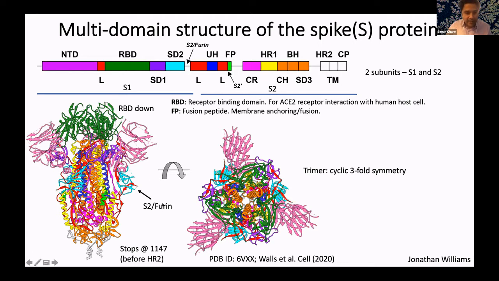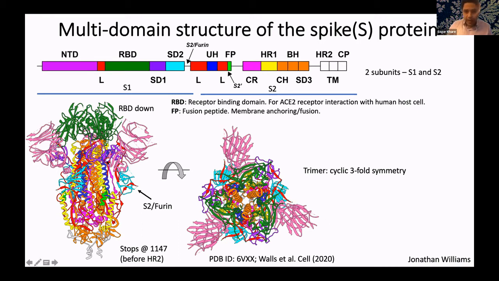And this S1/S2 furin site, which will become a key point of consideration for us in a minute, is present here. You can see that this is exposed to the solvent and located quite outside the center part of this protein.